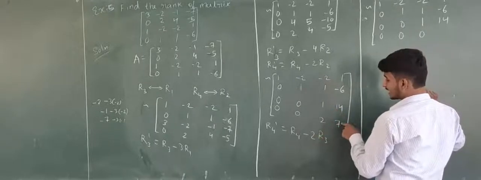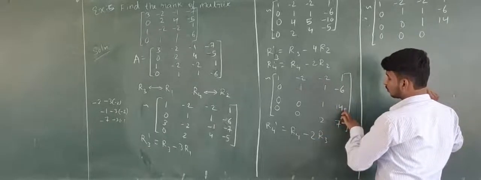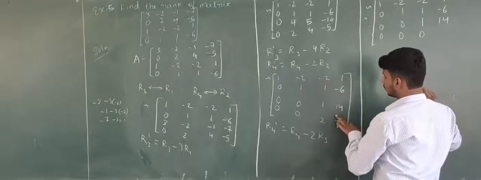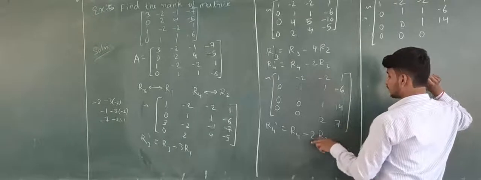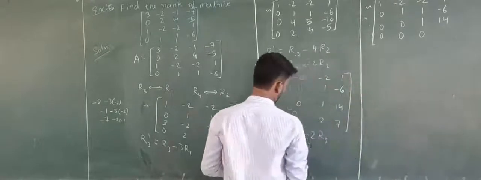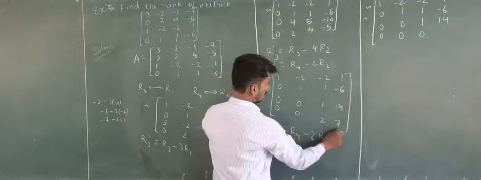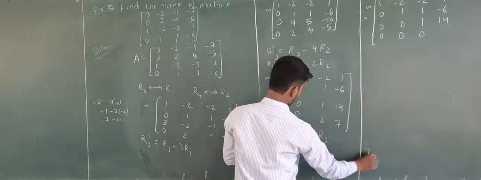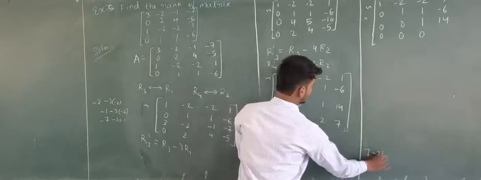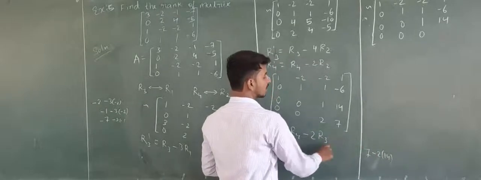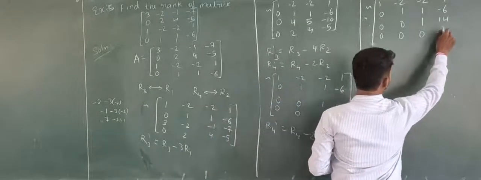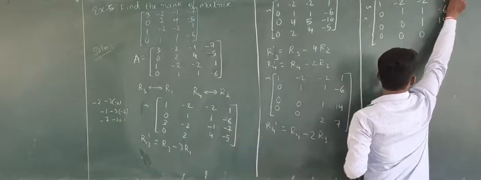Next 7 minus 14 into 2, that is 28, 28 minus 7 will be 7. We are changing R4 minus 2 R3, your row 4 is 7 minus 2 into 14, that is minus 28, minus 28 plus 7 will be minus 21.